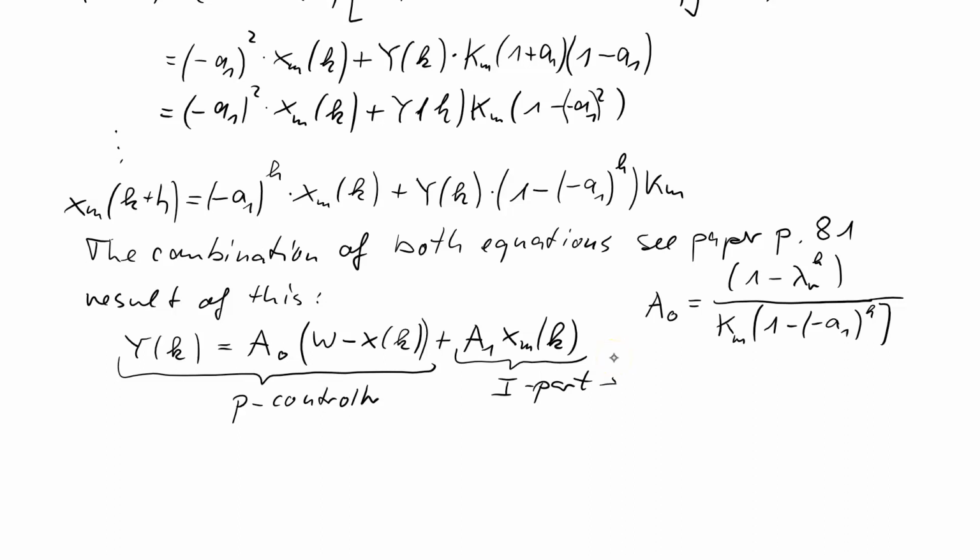You can see it in chapter 9.12, in addition to explaining why this is just the behavior: the PFC controller for a PT1 behaves very similar to a PI controller with a P part and with an I part. And A1 is also given by 1 divided by a process gain.